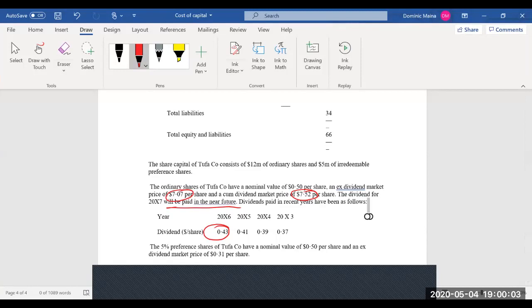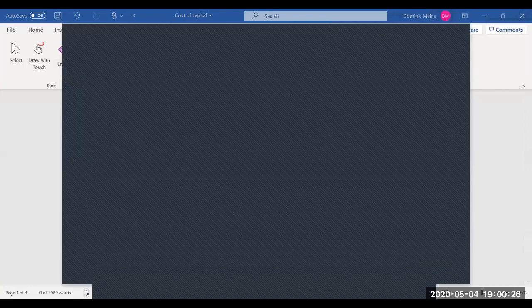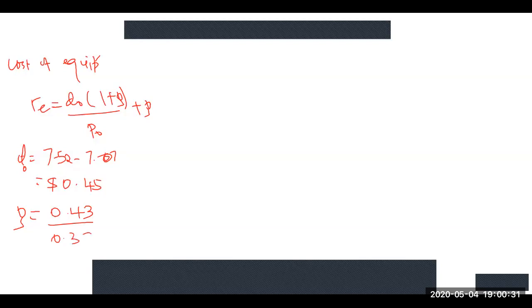How many years of growth were there? 4 years. So 0.43 divided by 0.37 to the power of 1 over 4, minus 1.